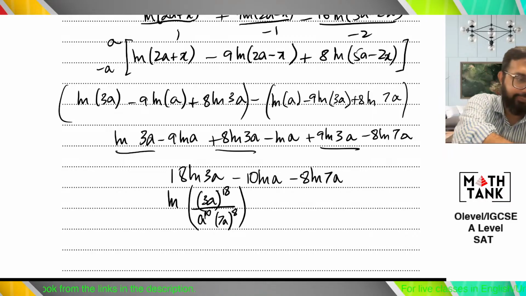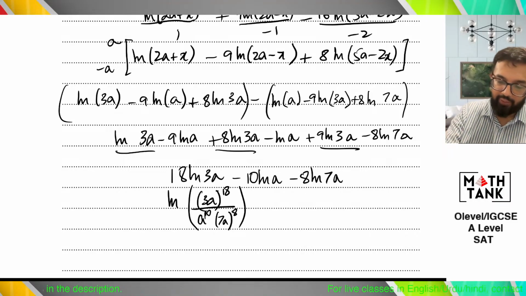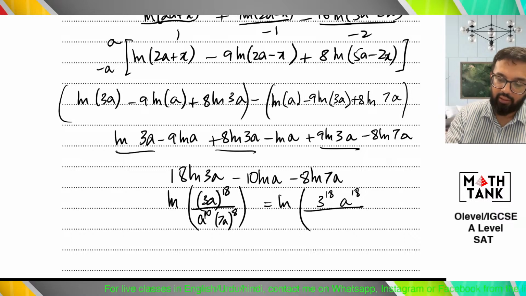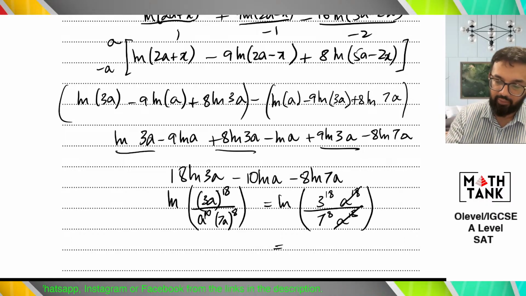Okay. So I think a power 18 and a power 18, 3 power 18, a power 18, and that's 7 power 8 and a power 18. So a power 18 and a power 18 get cancelled out. So I'm getting ln 3 power 18 divided by 7 power 8.